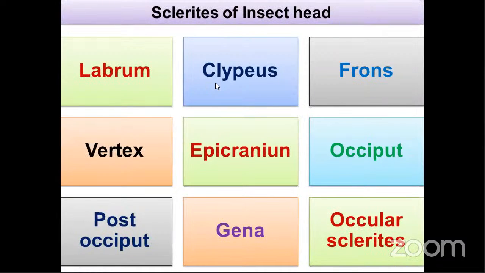So next, clypeus. It again divides into two types: anteclypeus and postclypeus. And this is the cranial, in the case of the head. So the clypeus is present below the frons and above the labrum.